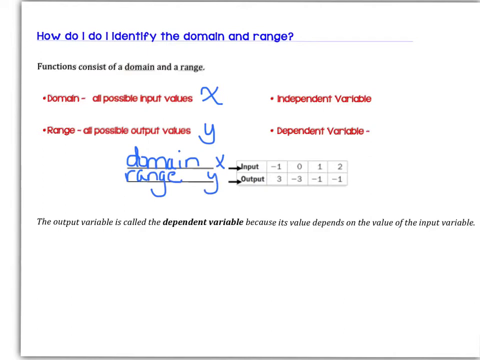The output variable is called the dependent variable because the value depends on the value of the input variable. We'll talk more about this at a later time. So the independent variable is the input, our x, and the dependent variable is the output value, our y. The y in our input-output table is going to be dependent on whatever that x is.